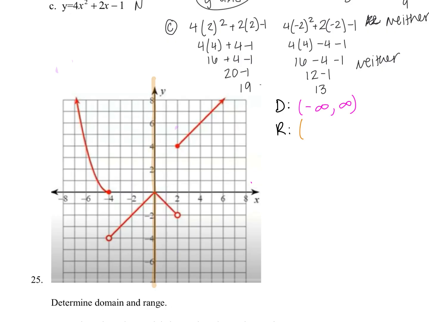The smallest possible y value we have would be right here. So that'll be a parentheses -4, because it's not a closed circle, I'm going to use parentheses. And then again, every single range value is accounted for all the way to infinity. So that's why it's -4 to infinity.